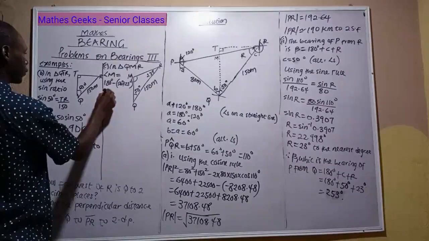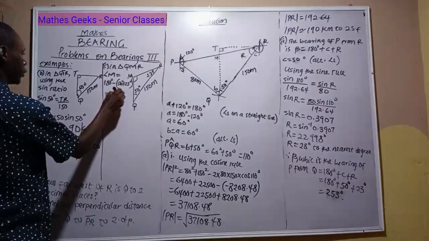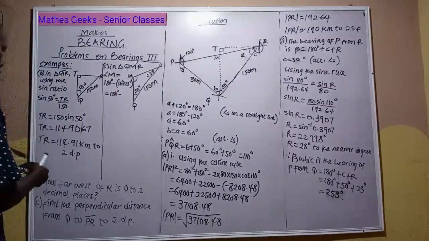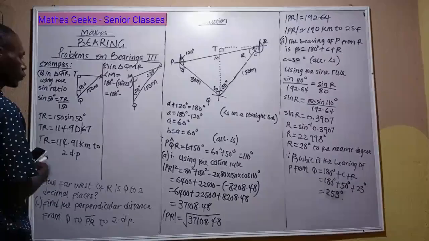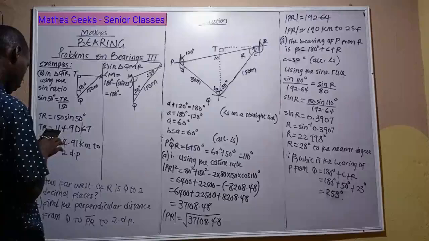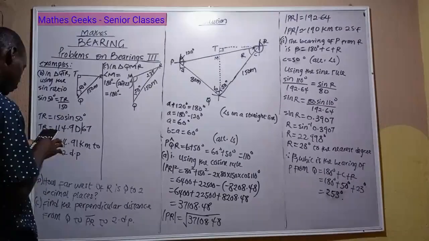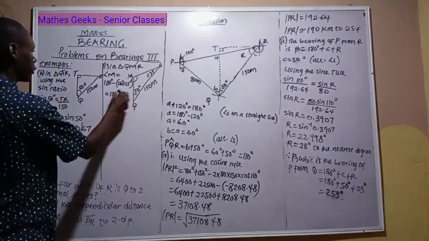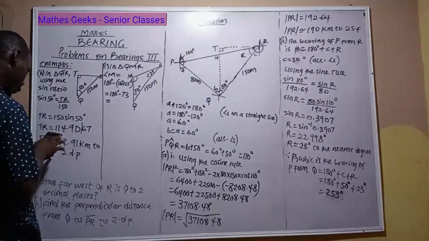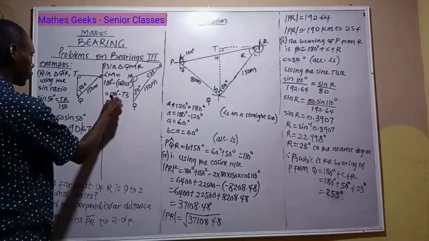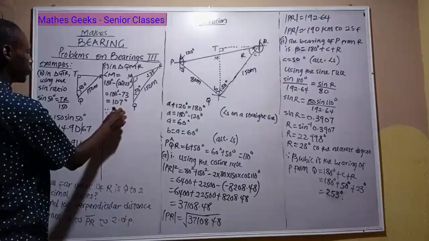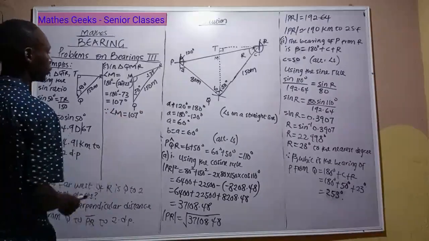So this is equal to 180 degrees minus 50 plus 23 degrees. 50 plus 23 is 73, so that's 180 degrees minus 73, that's 107 degrees. Therefore angle M is equal to 107 degrees.